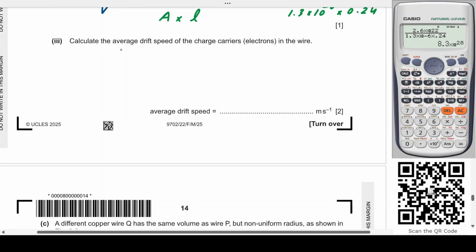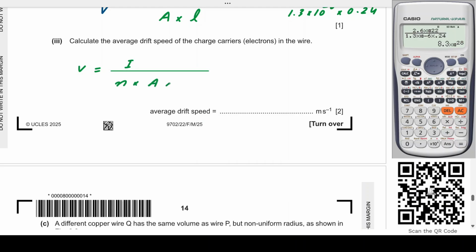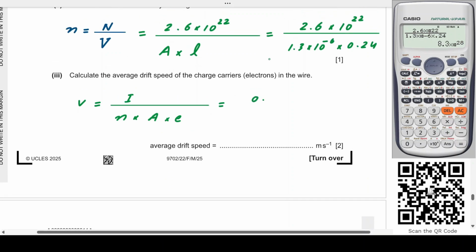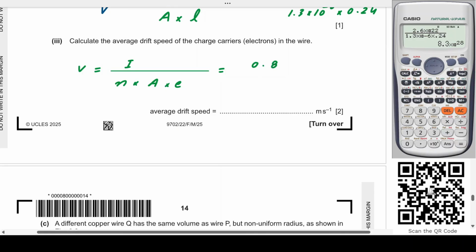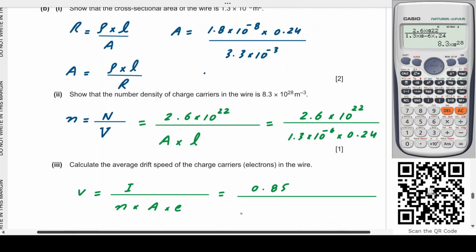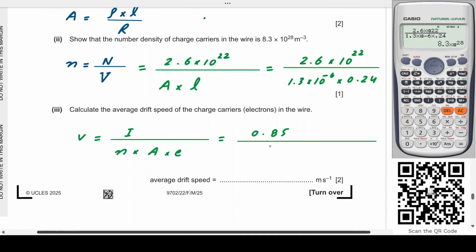Then we have the next one. Calculate the average drift speed of the charge carrier. V equals to I over nAe. Formula is given in the data sheet also. Current was 0.85, yeah, 0.85, divided by number density of charge carriers as appeared on the calculator, 8.3 into 10 to the power 28.